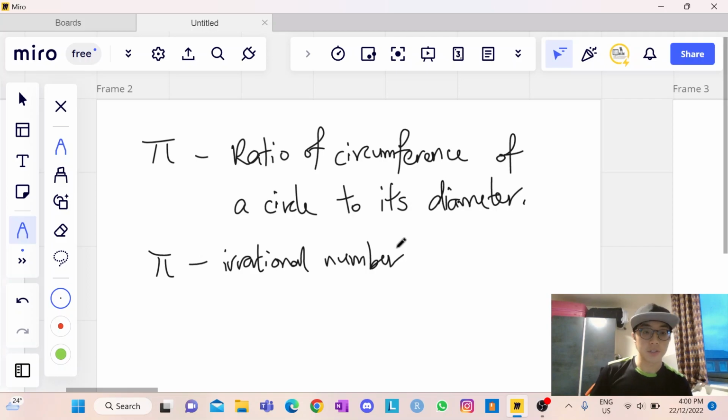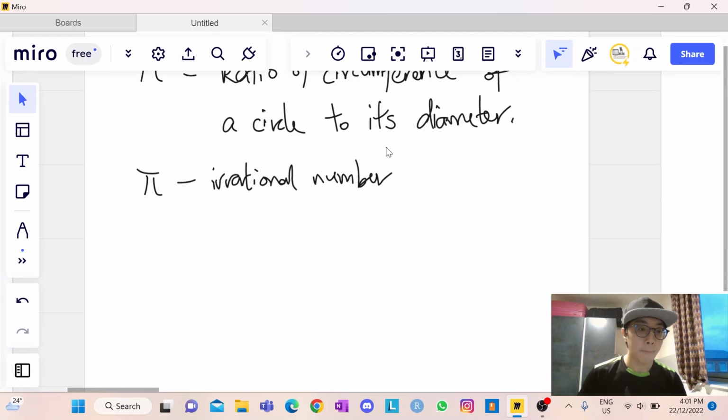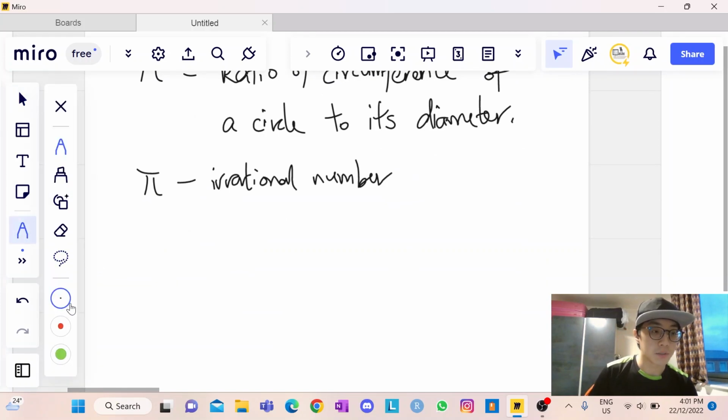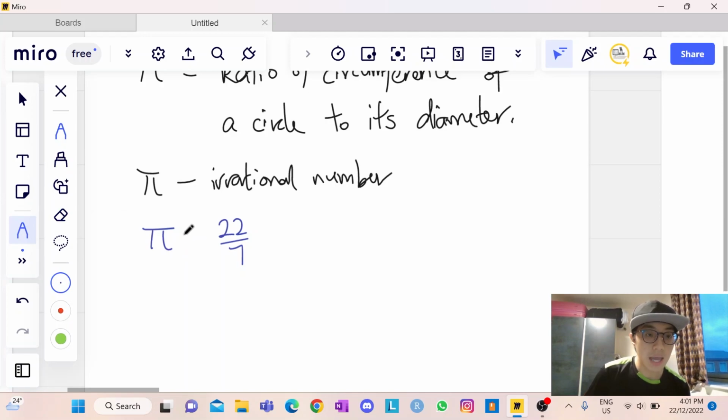However, you might ask, I actually saw someone define pi as 22/7. Since pi is an irrational number, why can we express it as 22/7? Something to take note of here: this is not equal, it is approximately 22/7, because pi is still undefined, it's not totally written down.